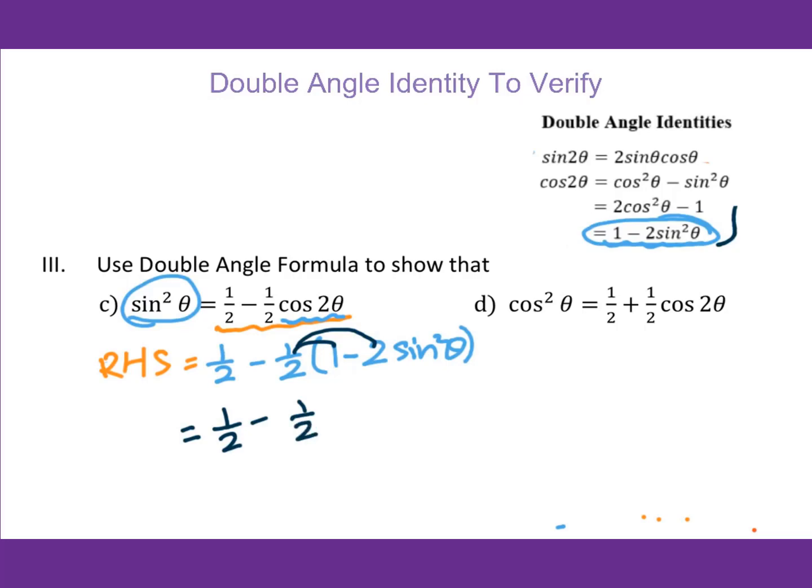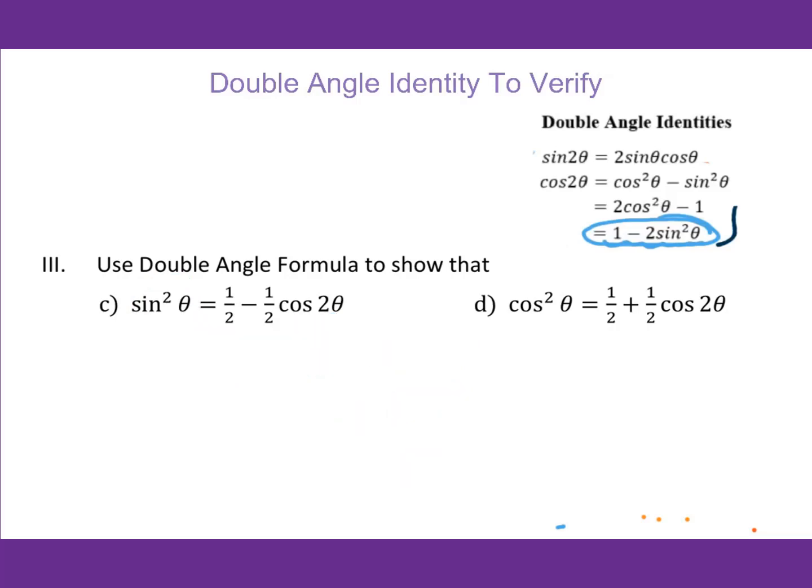Negative 1/2 times negative 2, that's positive 1 sine squared theta. This is 0. That's how you get sine squared theta equals the left hand side.